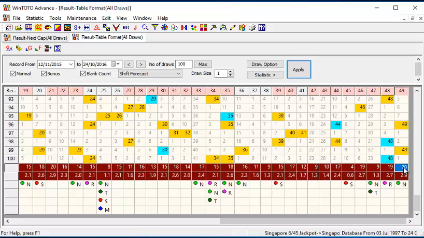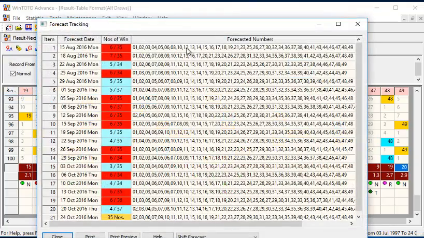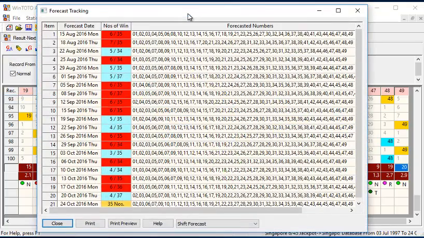Now, I'm going to share with you something about one of the latest forecast tracking that we have, which is called the shift forecast. This is our latest one. The most recent draw, on the 20th October, they forecasted 37 numbers, but only 4 numbers appeared on the 24th. So this kind of thing does happen. It did happen before. But for the next draw, you may see a very good chance of 6 numbers in the forecast.